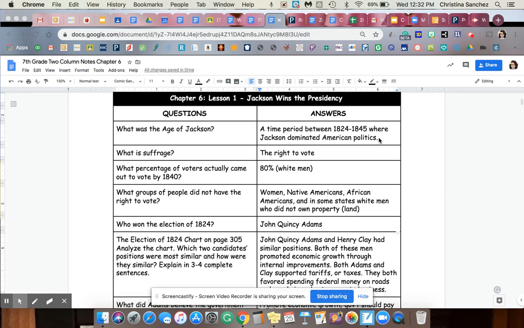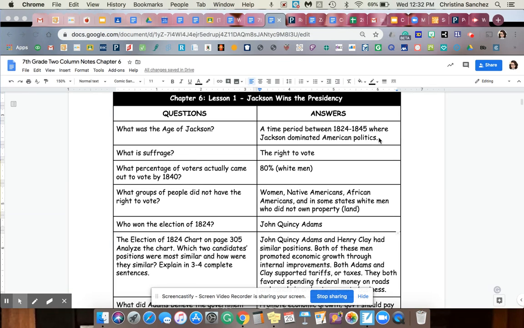Obviously anybody who's not a white male. So women, Native Americans, African Americans, and in some states, if you did not own property or did not have land of your own, you also could not vote. So in reality, it was actually a pretty unfair way to determine who's elected to what position in politics.